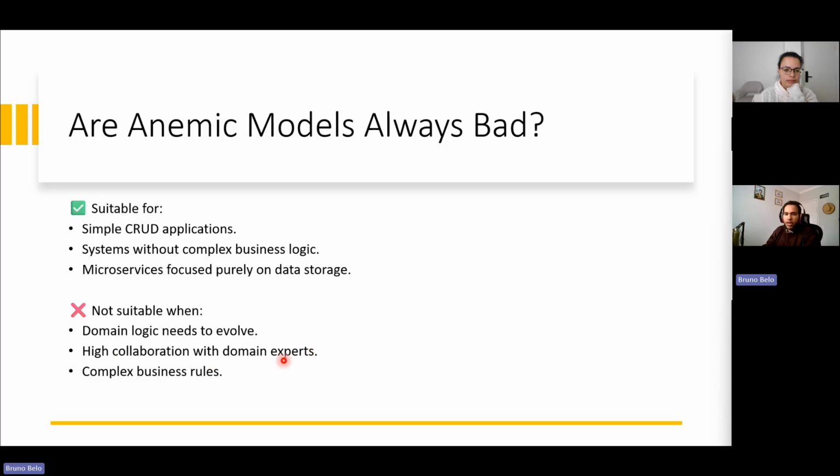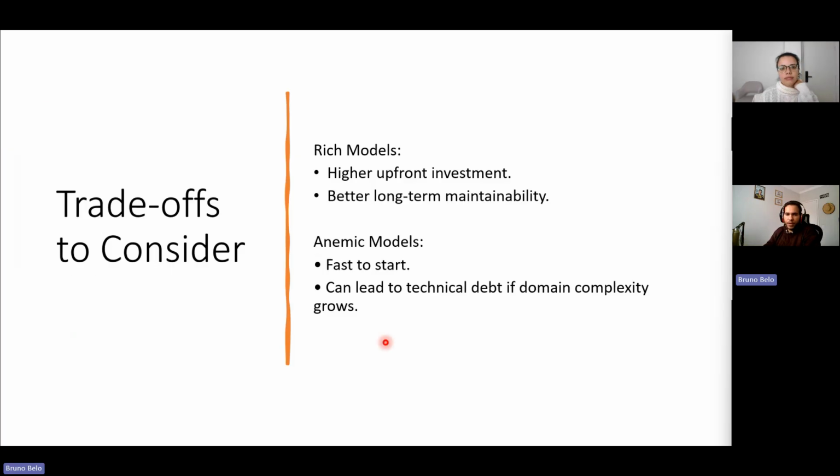When you also have domain experts and you need to collaborate from business experts to technical experts, like business analysts to programmers, then identifying the use cases and implementing them inside of the domain also helps with this rich domain model. And also whenever you have complex business rules that need to be maintained and evolved.